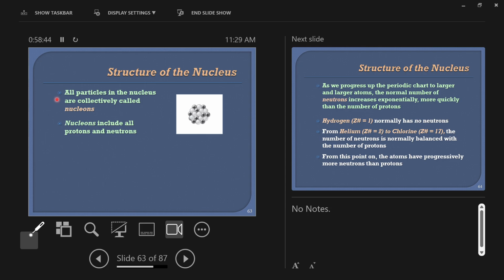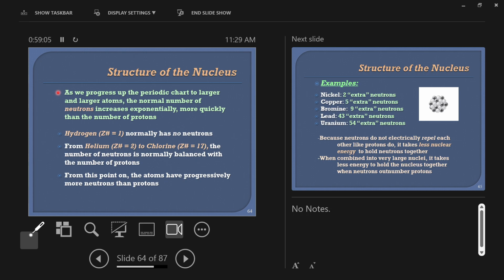Remember, electrons don't weigh very much. They're not very heavy. They have mass, but not a lot, okay? The mass comes from the nucleus. So, these particles in the nucleus are called nucleons. Nucleons include protons and neutrons.